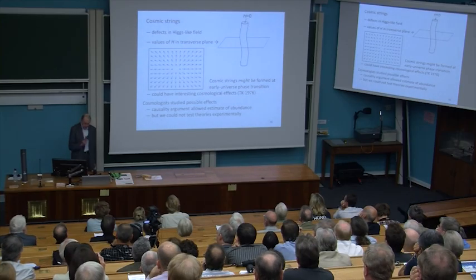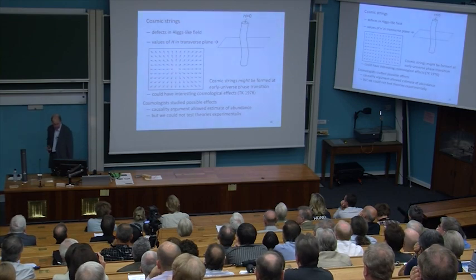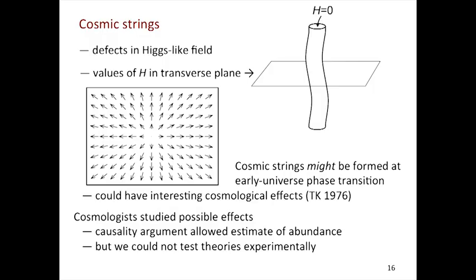Now, cosmologists became very interested in this phenomenon, particularly in the 80s, and studied in considerable detail what sort of implications there might be, observational implications. One of the important things you have to do, of course, if you're going to make predictions, is to estimate how many of these defects will be formed, and then, of course, follow how they would evolve.